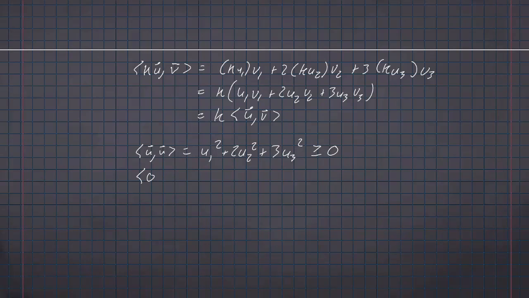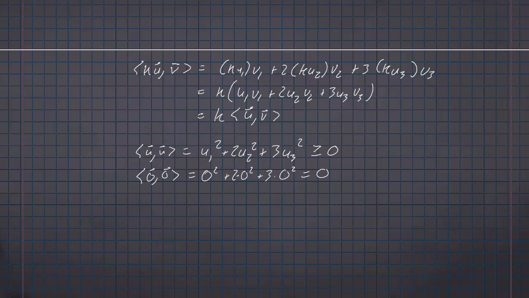We also have to show that if you take the inner product of the 0 vector with the 0 vector, you get 0 squared plus 2 times 0 squared plus 3 times 0 squared, which is equal to 0. That's also not too bad of a part.